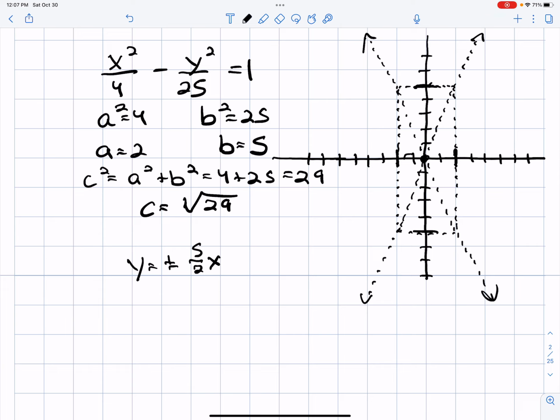So for this one, your vertices are at plus or minus 2, 0, because a being 2. So that's these 2 points on your rectangle. And then your curves are going to open up and get closer and closer to those asymptotes, but never actually touch them.